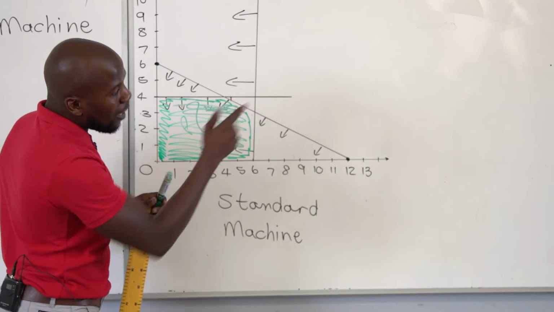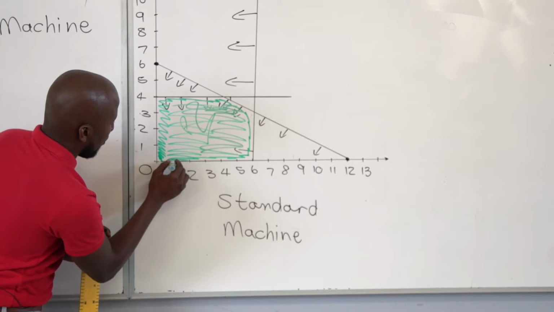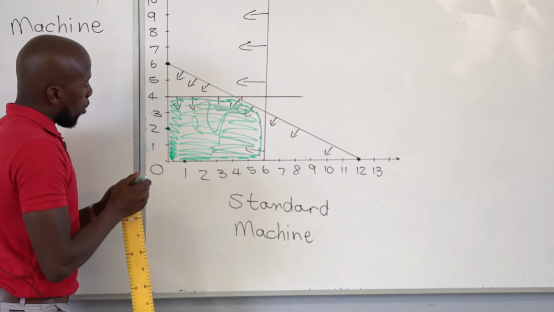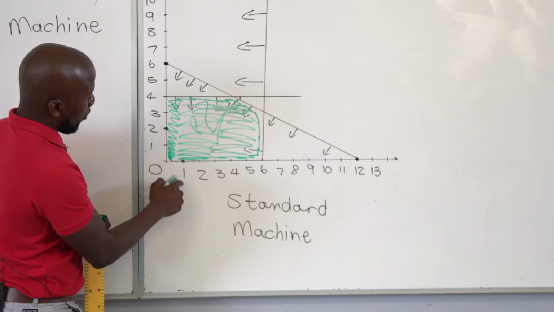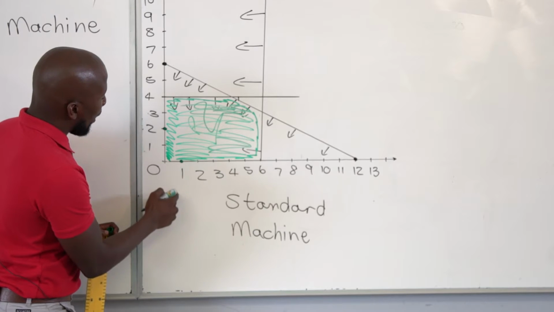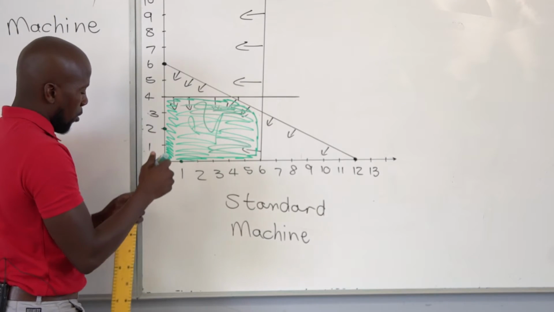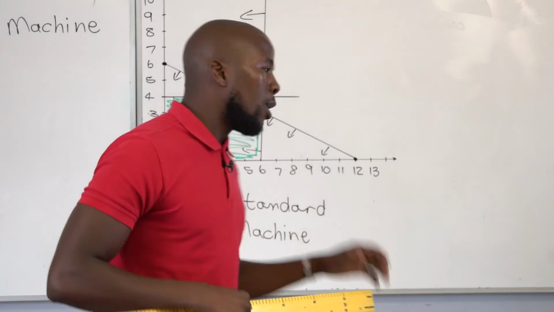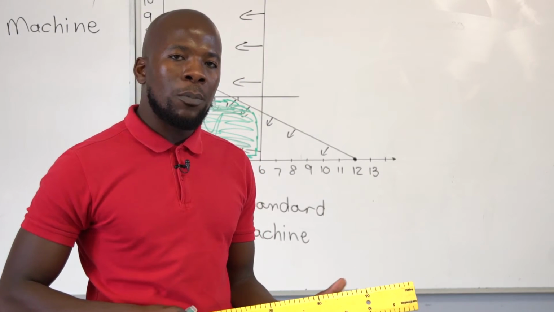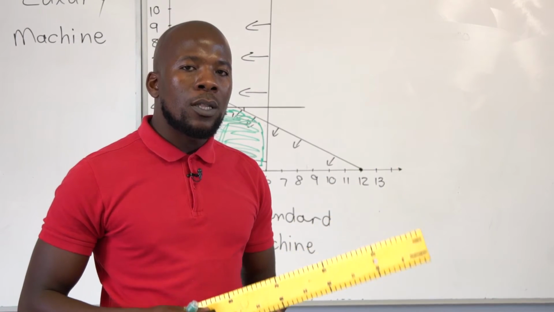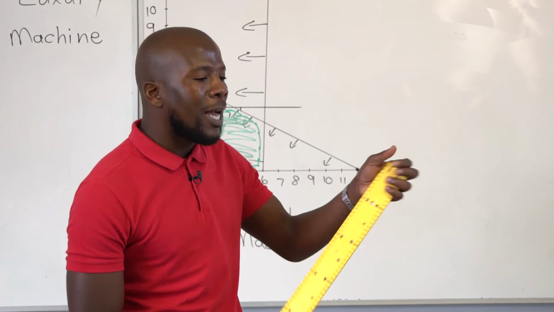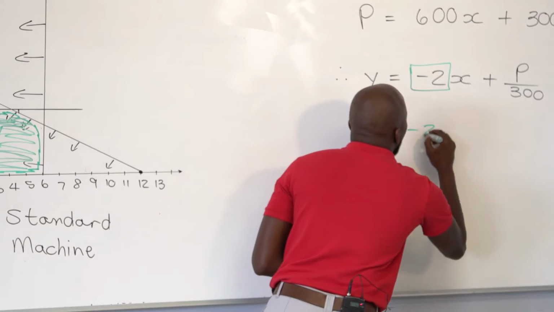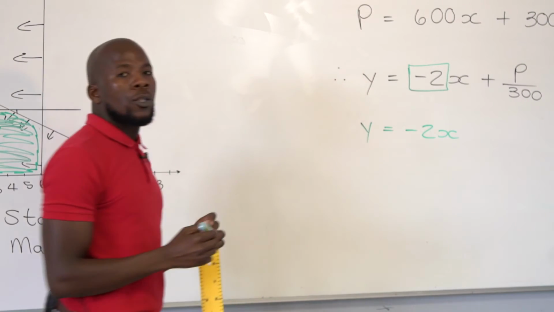Okay? So with that type of gradient, we'll know that for every x value that is 1, our y value will be 2. There's no shortcut to this. I'm simply analyzing this and I can see it because I've sketched a lot of graphs before. But there's no shortcut to this. The best way for you to analyze this and understand it is perhaps draw a graph with simply y equals minus 2x.